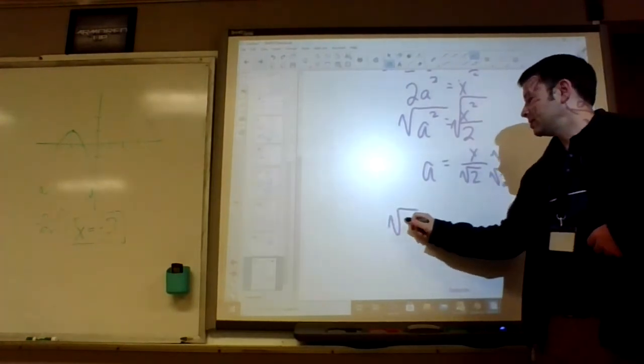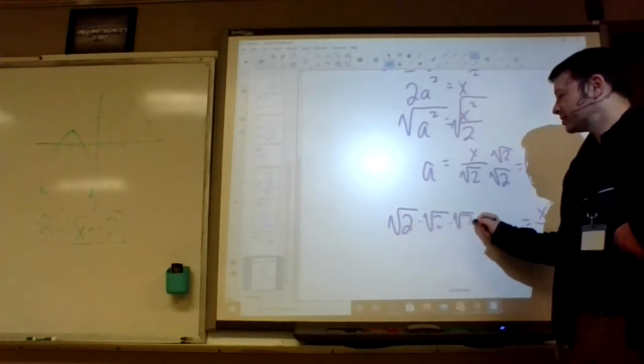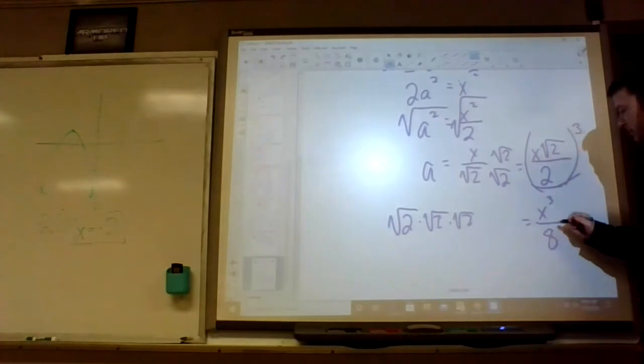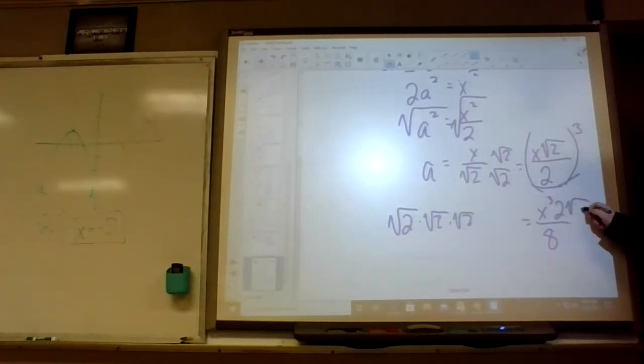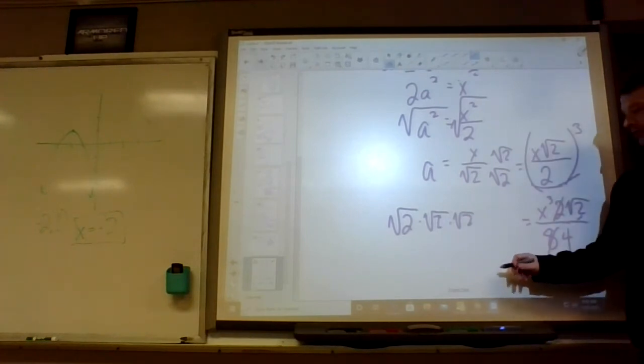It comes out as 2 square root of 2. There's one more thing I can do to that: simplify. The 2 cancels and the 4 is left behind. So x cubed square root of 2 over 4.